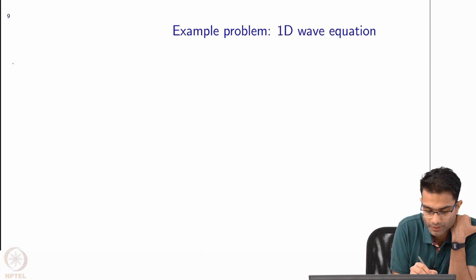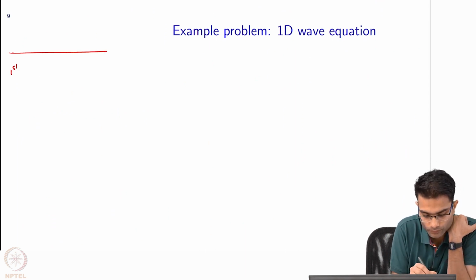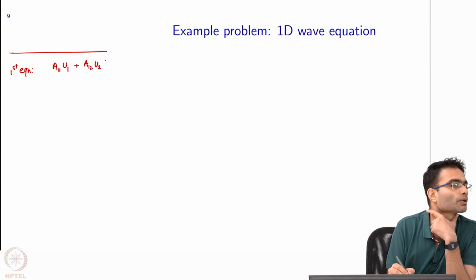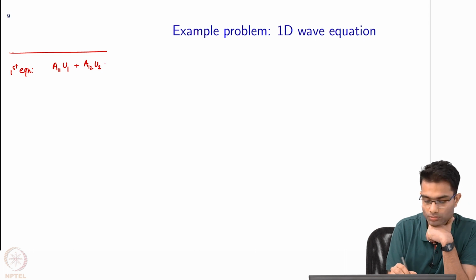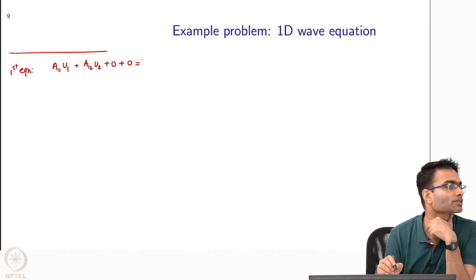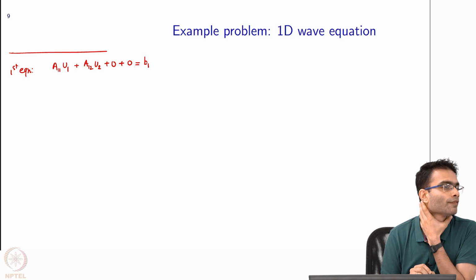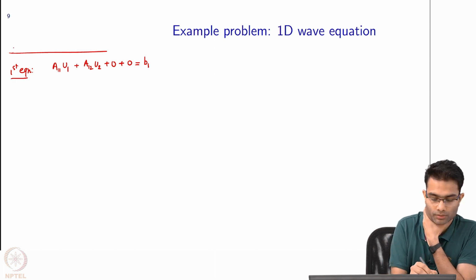So the first equation gave me some term a11 u1 plus a12 u2. Did I have any u3 and u4 terms? No. And did I have a constant term on the right hand side? That is my first equation. Okay.